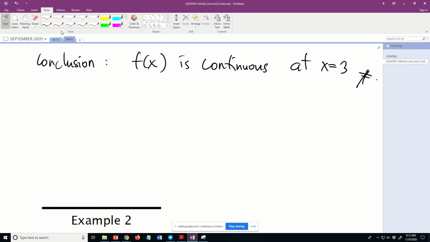Okay, why not we substitute one into our formula. What is the answer? 1 squared plus 5, 2 times 1 plus 1. What's the answer?